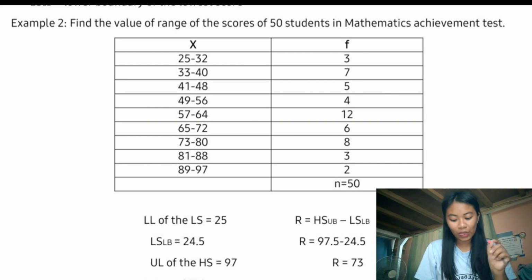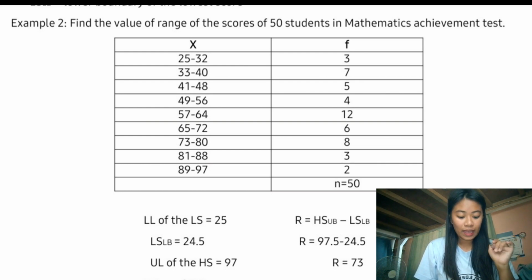So the lower limit of the lower class is 25, so LSLB equals 24.5. The upper limit of the highest class is 97, so HSUB is 97.5.